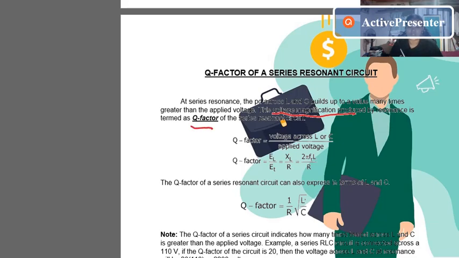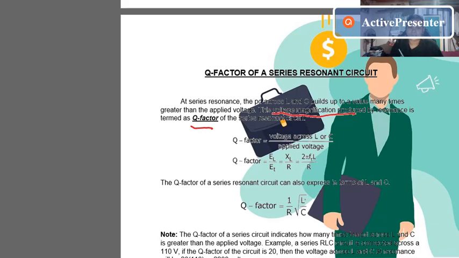So there is also a formula for our Q factor. Q factor is equal to the voltage across L or C divided by the applied voltage or the total voltage.